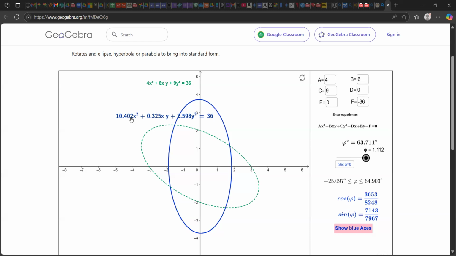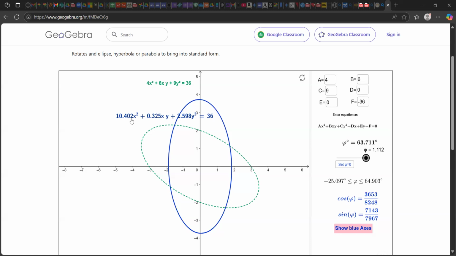And well, they have some horrible numbers here, and they don't have it in the form that you want: something over x squared and something over y squared equal 1. They don't have it like that. I guess you might have to use another software to convert it.